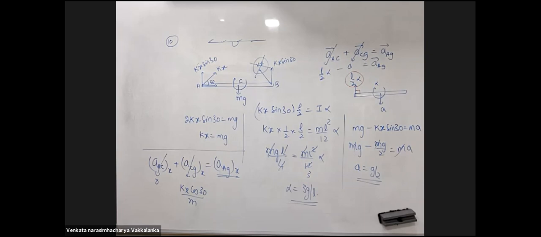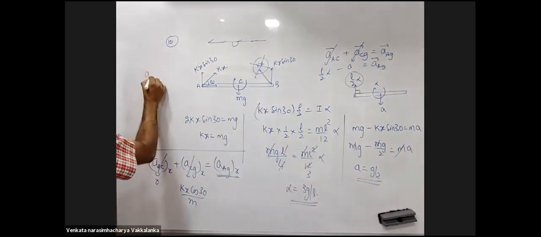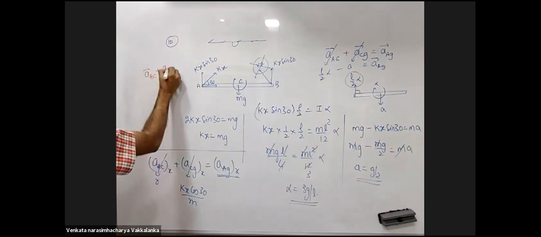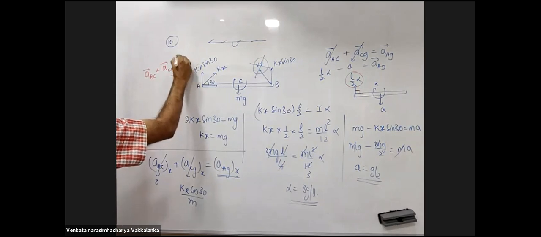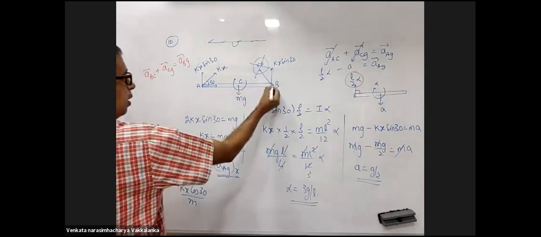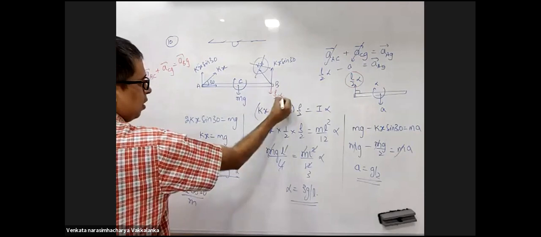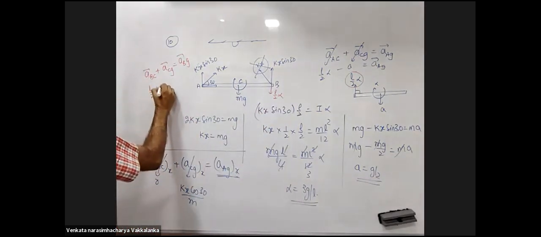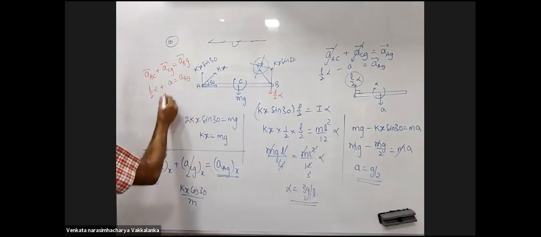Sir, how will we calculate acceleration for B? Acceleration of B with respect to center of mass, less acceleration of center of mass with respect to ground, is acceleration of B with respect to ground. Acceleration of B with respect to center of mass will be L by 2 alpha downwards, less acceleration of center of mass, is acceleration of B with respect to ground.